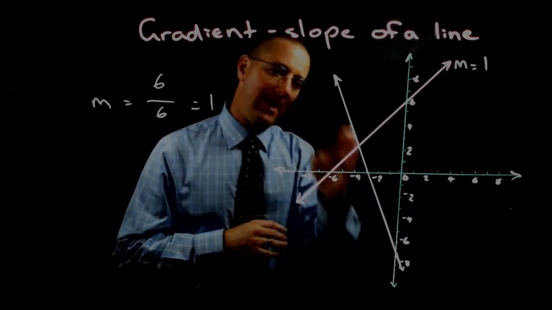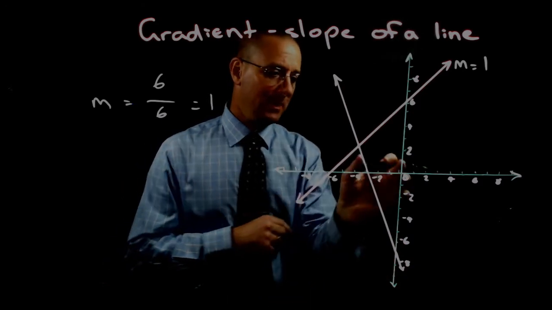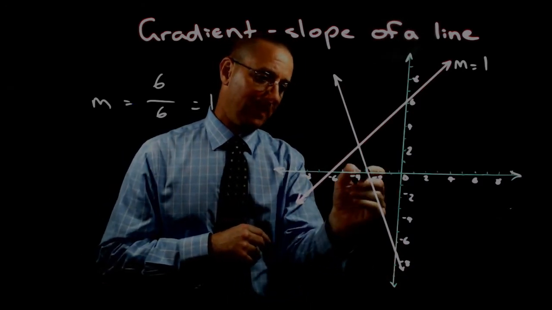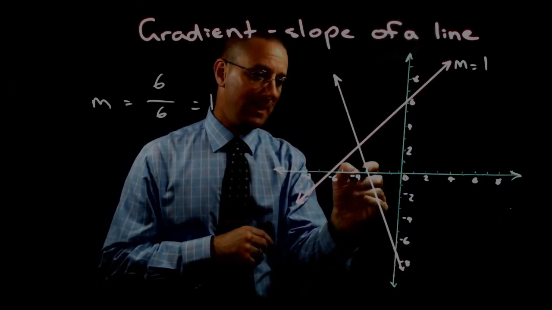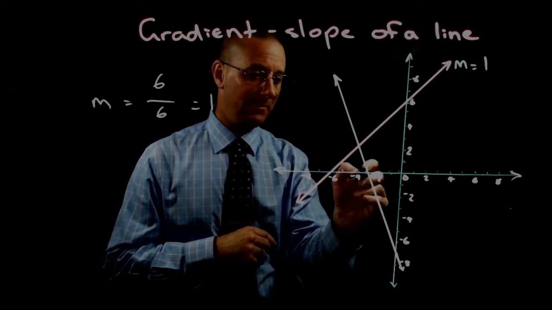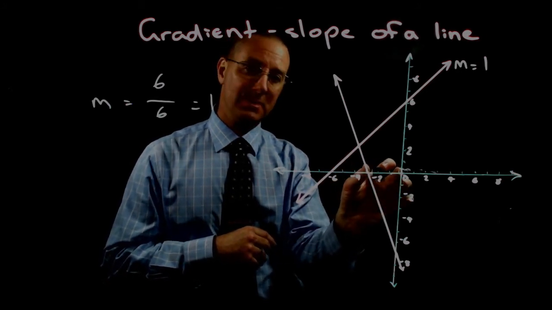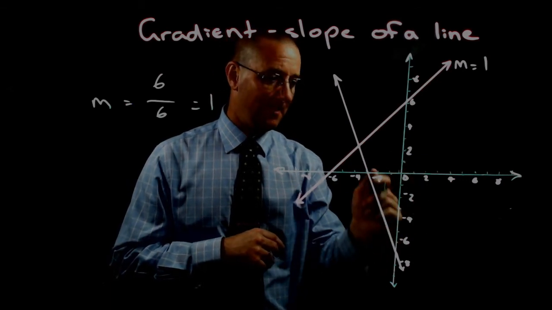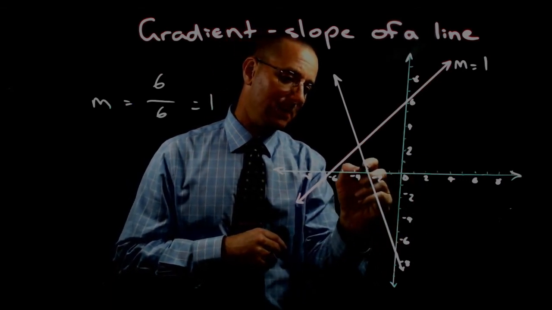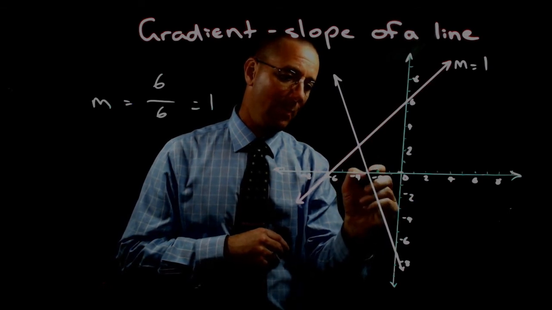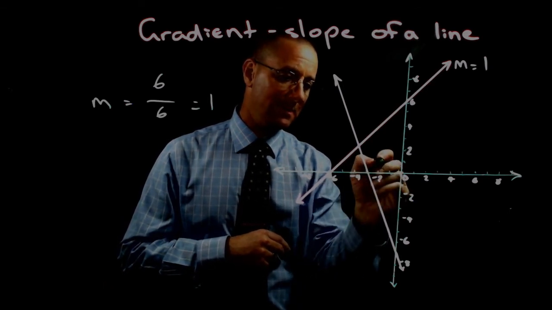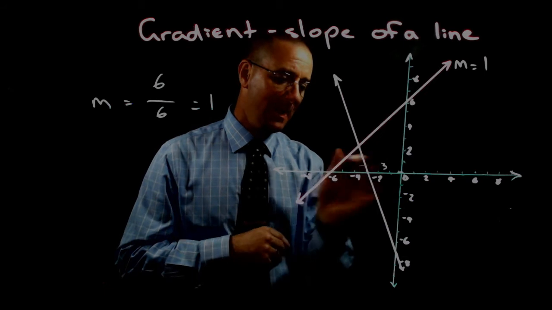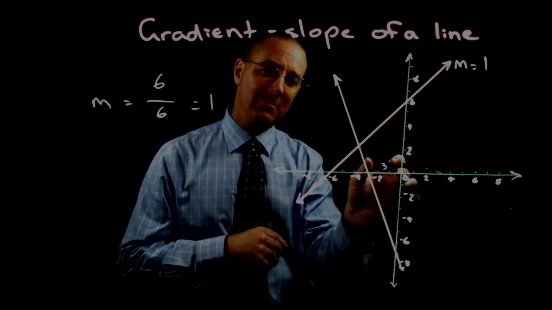Now, if we consider our other line here, you can see that our run, if we look at where it intersects with the x-axis, it's at -3, and it runs to 0 before it intersects with the y-axis down here. You can see that it's heading to the right, 1 unit, 2 units, 3 units, and so this side here would be 3. But in the time that it runs, it doesn't actually rise.